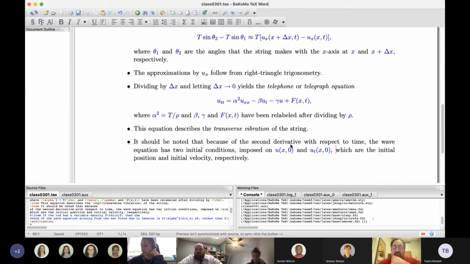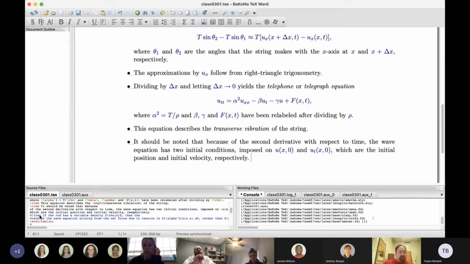So it's the same idea here. We need initial data for u(x,0) like we did for the heat equation, and also du/dt at x,0. So initial position and initial velocity of a string have to be specified to ensure a unique solution.